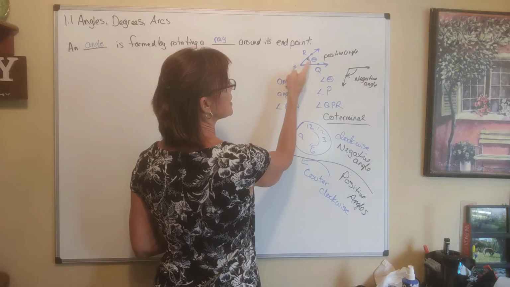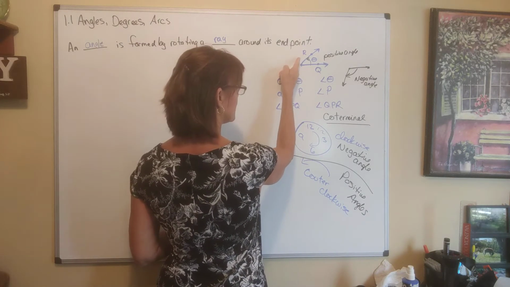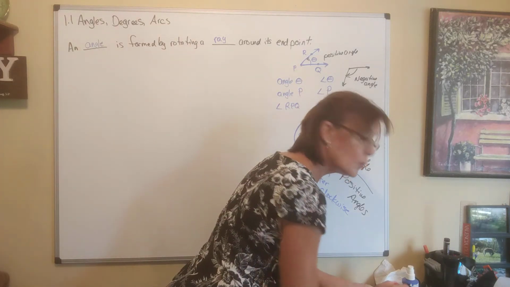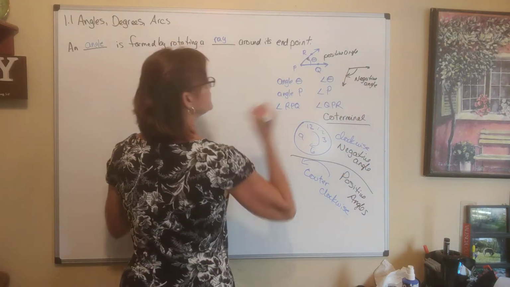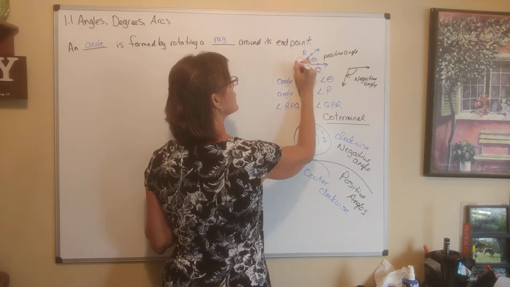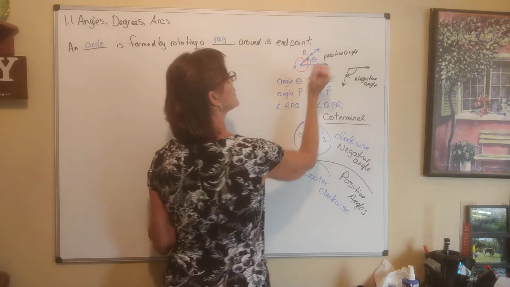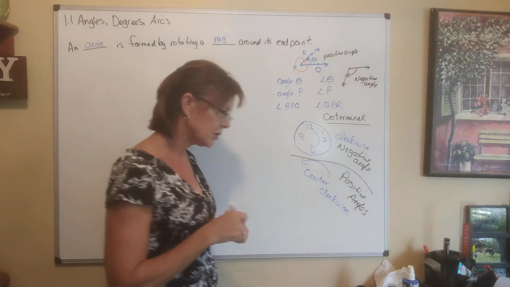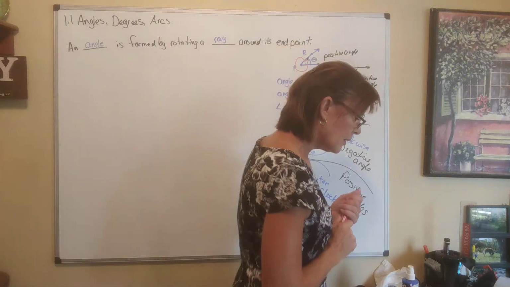Here's the initial side, here's the terminal side. Here is an angle I can draw that's coterminal with theta. I could rotate it all the way around and then come up again like that. We'll be practicing that, so don't be too worried about that right now.